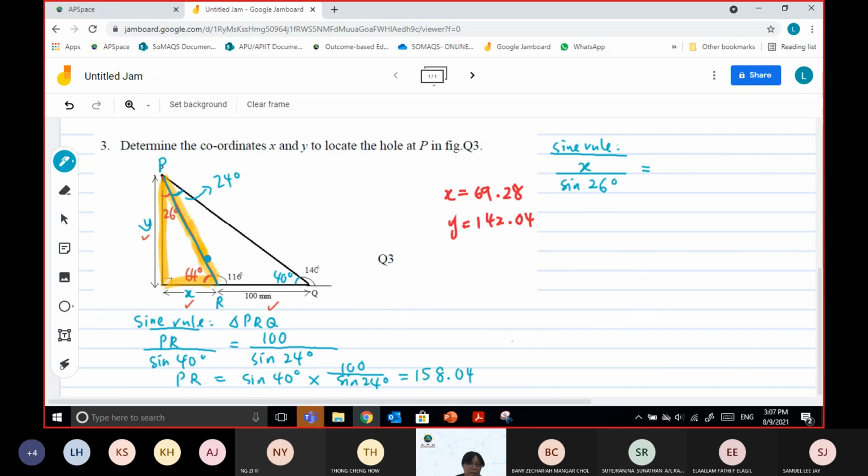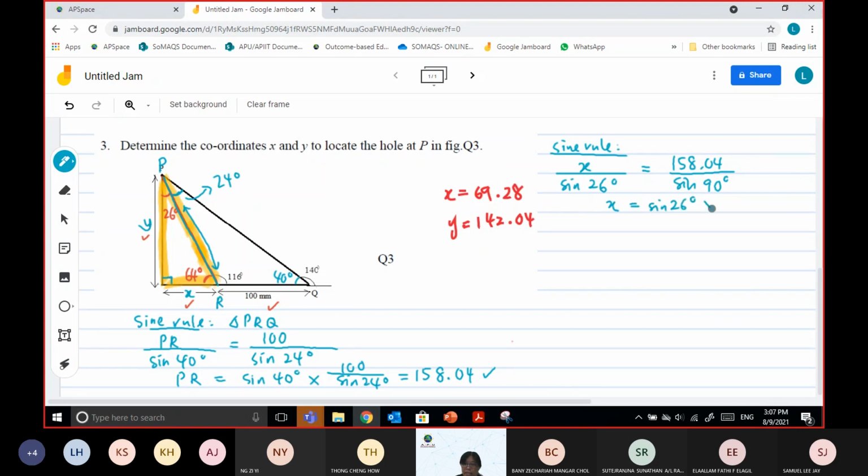Then there is a length that we already know, PR, which is 158.04, divided by its corresponding angle, which is 90 degrees, sine 90.